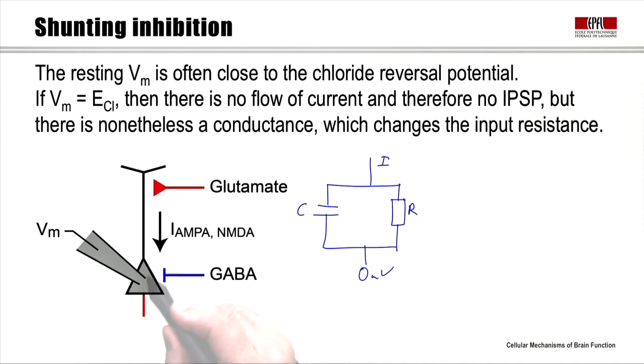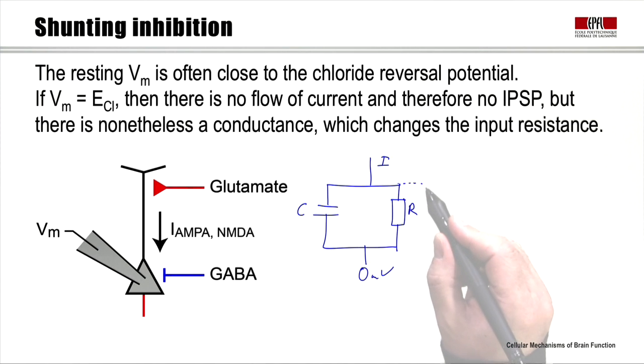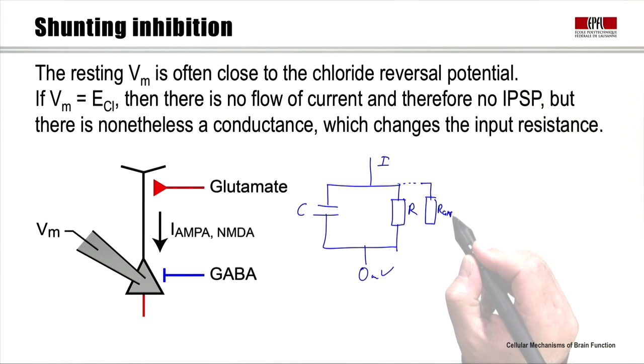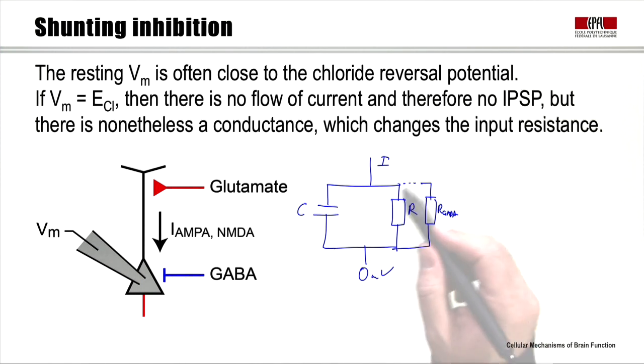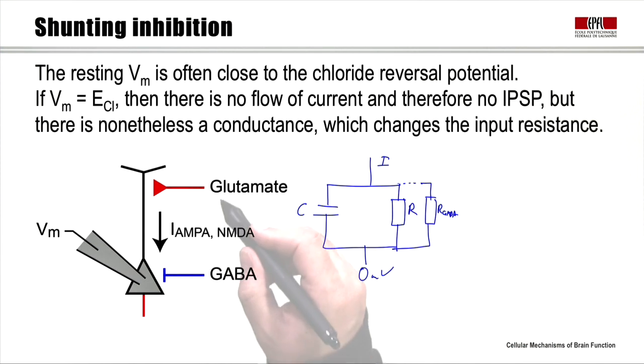And what we can do with the GABAergic conductance then is to add on an additional conducting pathway here. So the GABAergic conductor here can then be added, and it changes the total resistance of the soma. And by changing the so-called input resistance of the soma, that then changes the integrative properties of how currents flowing into that soma affect membrane potential.